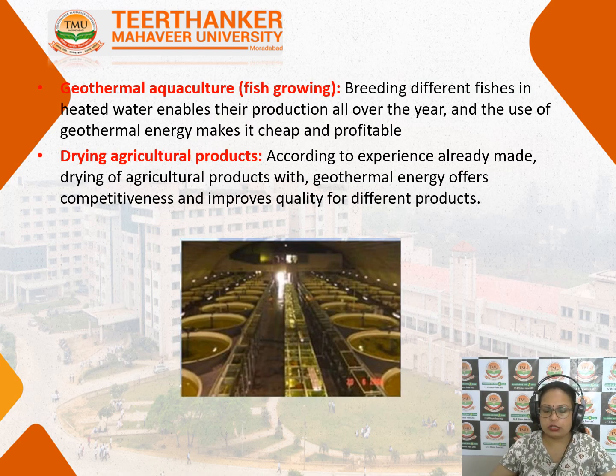Next is the geothermal aquaculture. Nowadays, in this picture you can see the geothermal aquaculture. The small aquaculture plants are developed in a small tank in which fish breeding can be done. So it is a cheap and profitable business. Drying the agriculture produce with the help of geothermal energy can also be done.